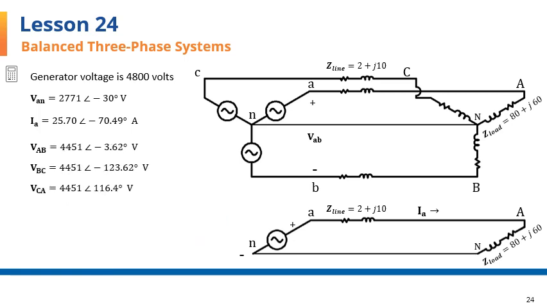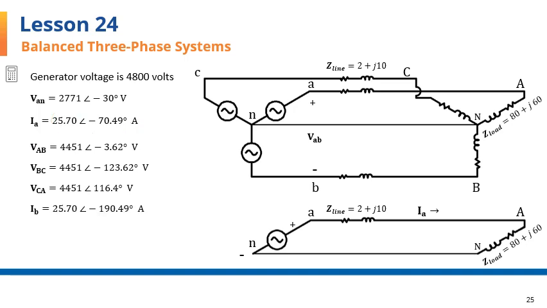Summarizing the results so far, we have the line-to-line voltages of the load, and we have one of the phase or line currents. But having IA and knowing that the system is a positive sequence system, IB is found by simply subtracting 120 from this angle, which is equivalent to rotating this phasor by 120 degrees in the clockwise or negative direction.